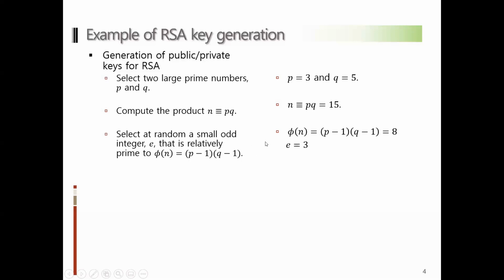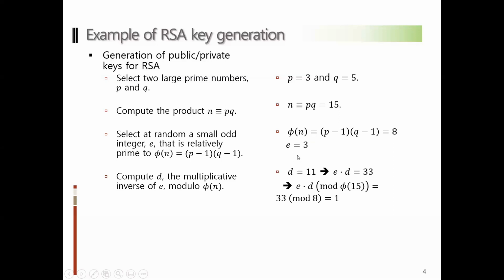It won't be too difficult because you can always quickly check whether these two values have a common divisor or not. Once you obtain this value, the next thing you calculate is the multiplicative inverse of this value when calculating modulo phi of n.